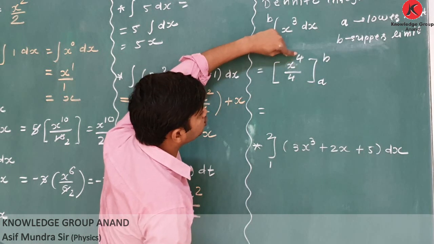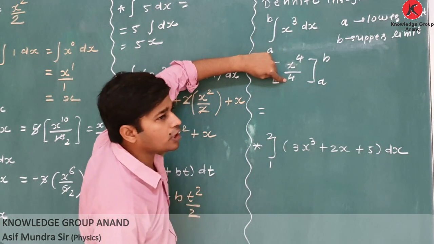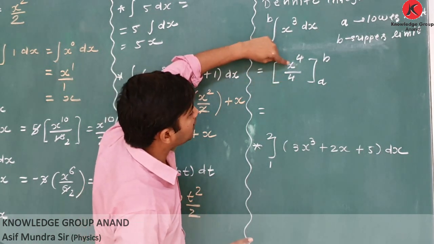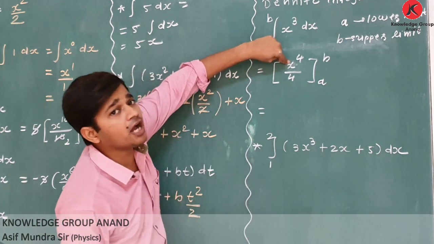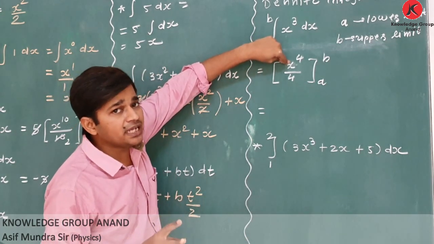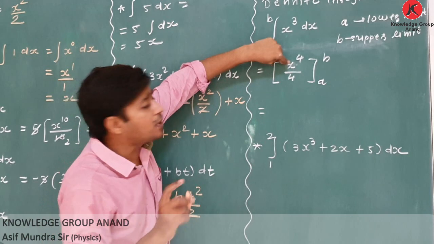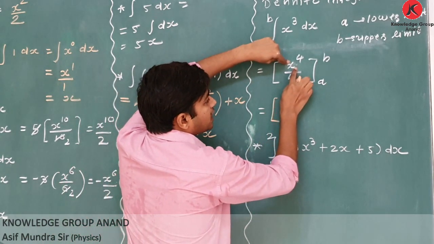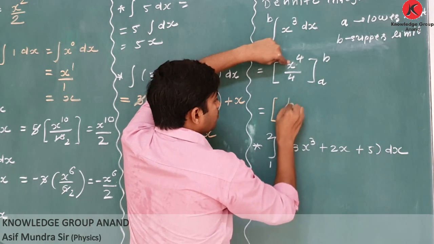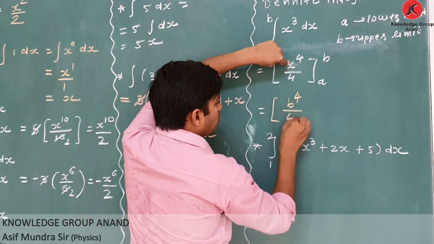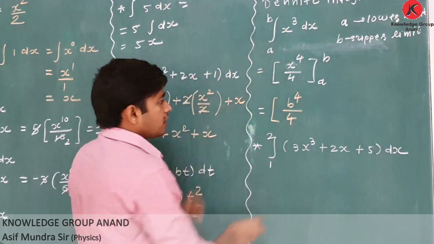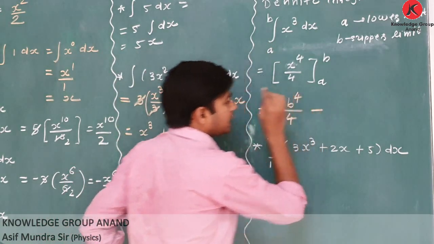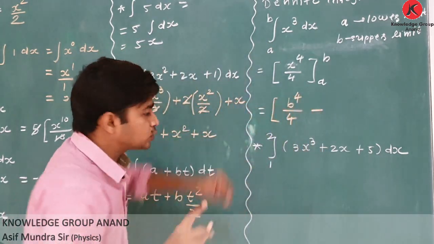In x raised to 4 upon 4, first of all replace this x by upper limit. X is replaced by upper limit means b. B raised to 4 upon 4. Clear? Then negative sign.